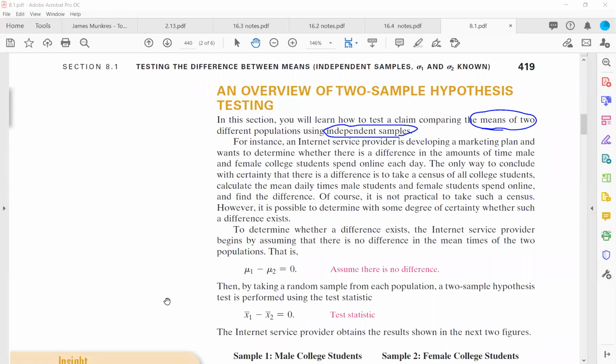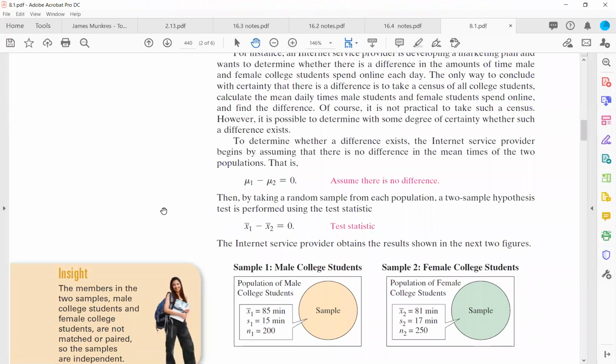So in this case, we usually say that the mean of the first population is equal to the mean of the second population. Mu sub 1 minus mu sub 2 is equal to 0. It means that the mean of the first population is equal to the mean of the second population.